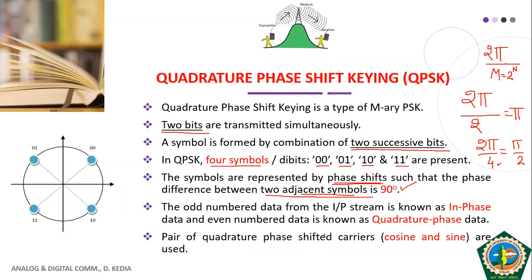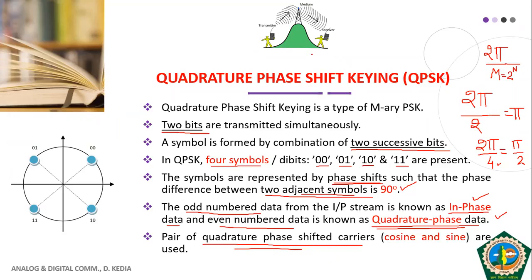These are respectively called the in phase data stream and the quadrature phase data stream. These streams are transmitted with the help of a pair of quadrature phase shifted carriers.